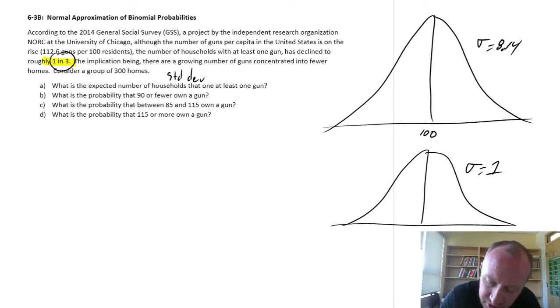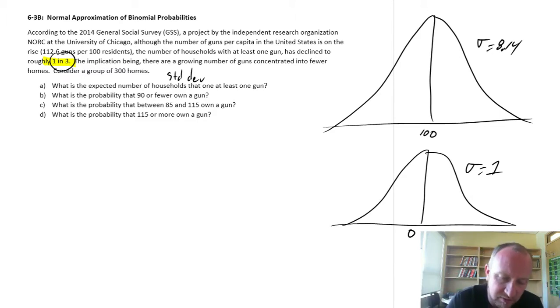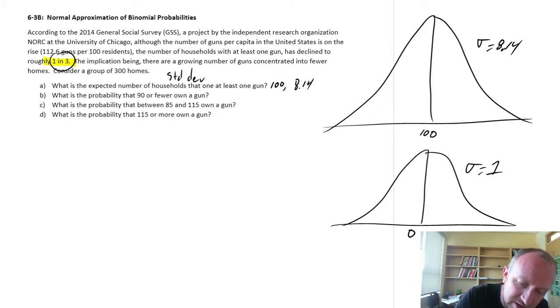I just want to remind you we're always working with these two distributions simultaneously. Okay, so part A, we're done. Our expected value is 100 and our standard deviation is 8.14.